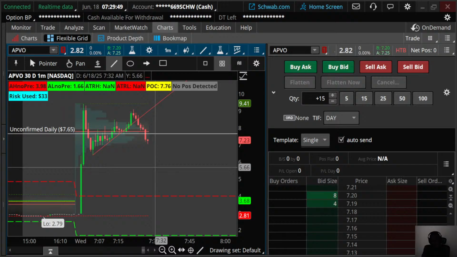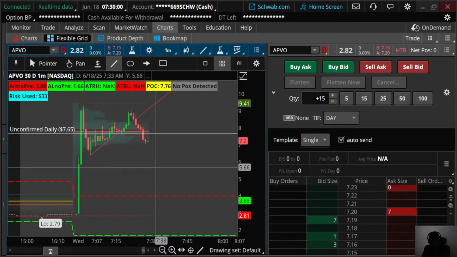So all we need to see is another test of this 765 if it's going to be true resistance, or if this thing's going to continue to walk down towards 7.